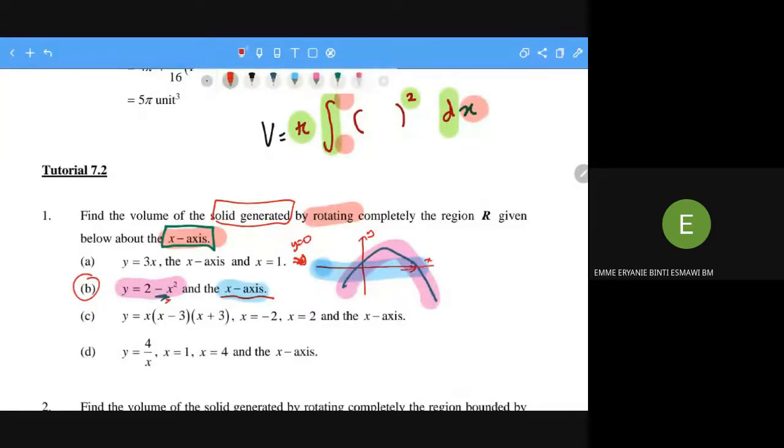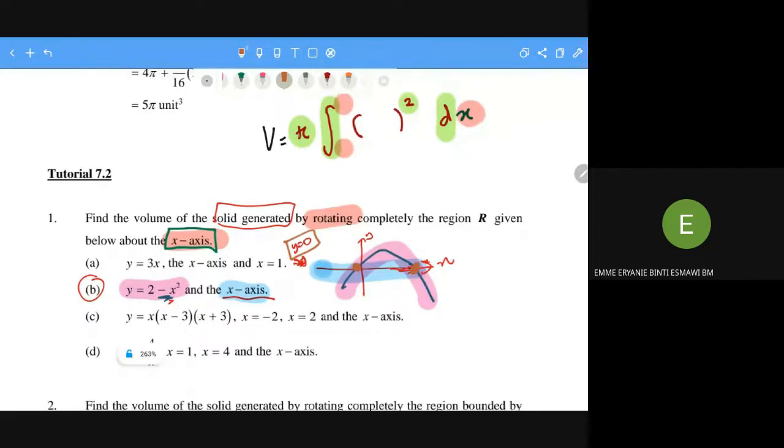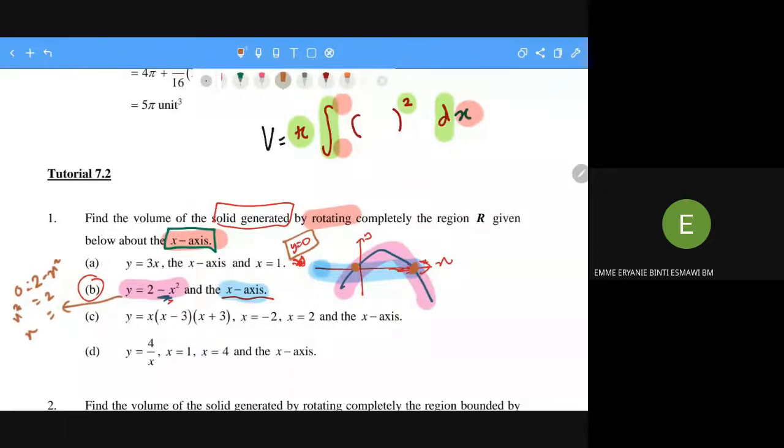So walaupun kita lukis main sketch, tak kisah tengok point tu kat mana pun, we can have the idea that dia memang akan bersilang dekat paksi X. Dan bila dia bersilang dekat paksi X tu, that is where Y is equal to 0. And when Y is equal to 0, we can substitute Y0 here. Okay, and then find the value of that X. Okay, buang that square, it's going to be square root.